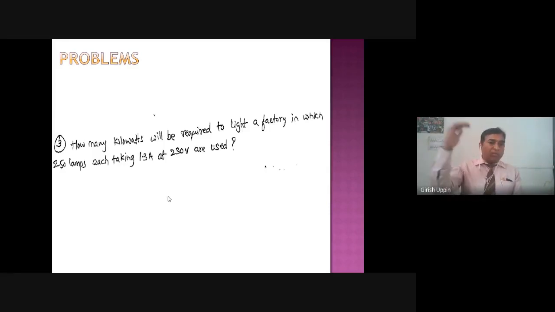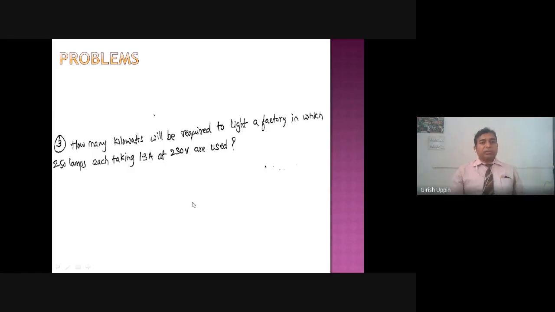So it is a big factory, and to light that factory there are 250 lamps, and each of those lamps takes a current of 1.3 amperes, and at what voltage? 230 volt. What you have to find? How many kilowatts? They are asking power. How much power will be consumed in that factory in terms of kilowatts?